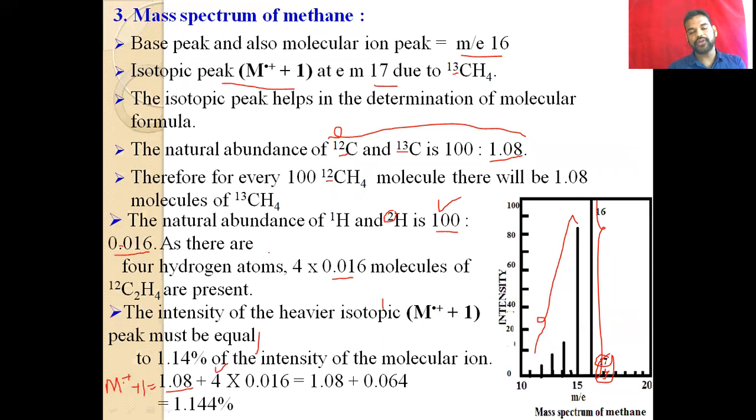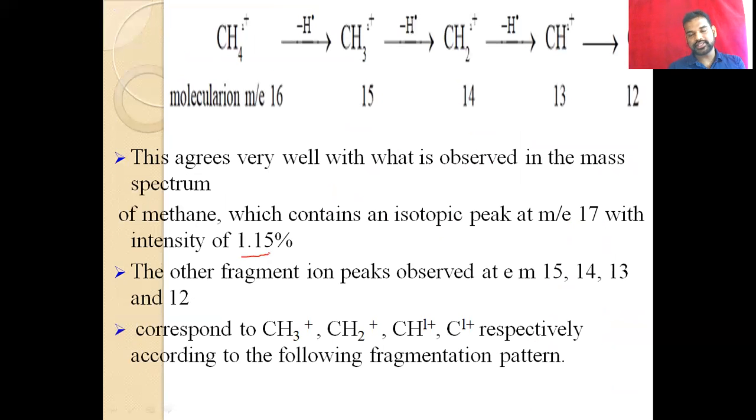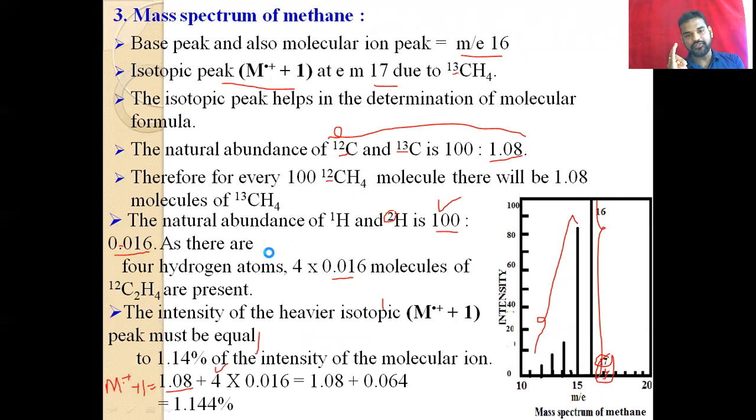So like this we have to give the evidence for the spectrum by the fragmentation, the isotopic peak values, and the base peak values, for the mass spectrum of methane.